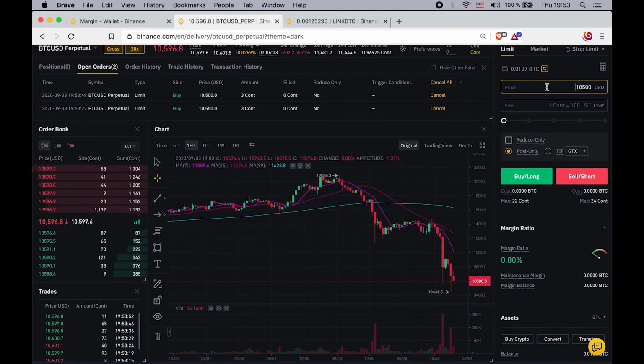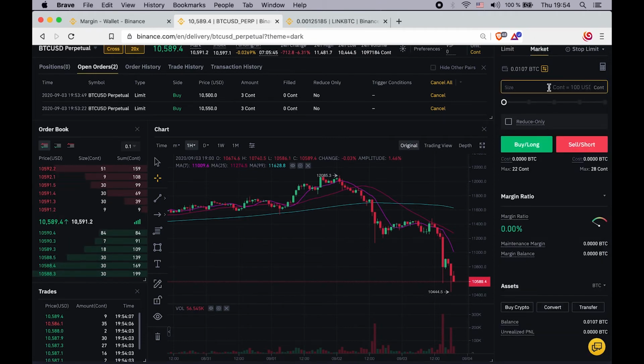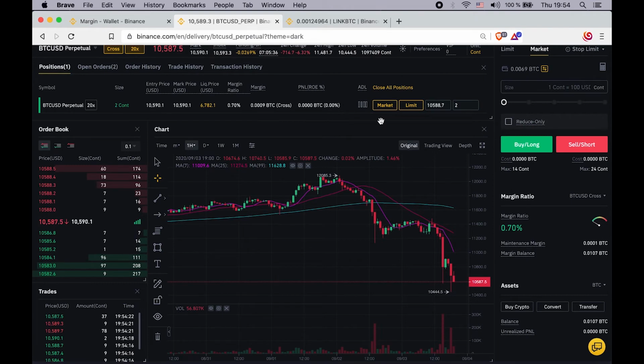While we're waiting for our limit orders to get executed, we can set one market order to open a position immediately. We're buying 2 contracts by market, and now we see our position. Here we are, 2 contracts opened at 10,590. We can buy some more.